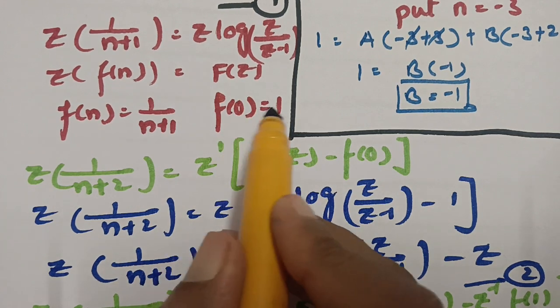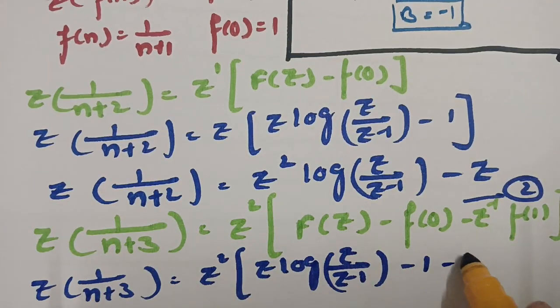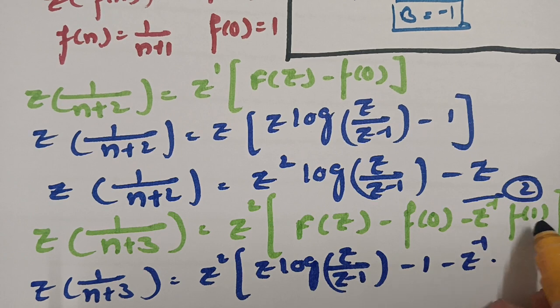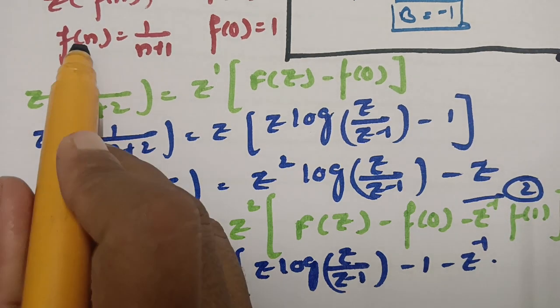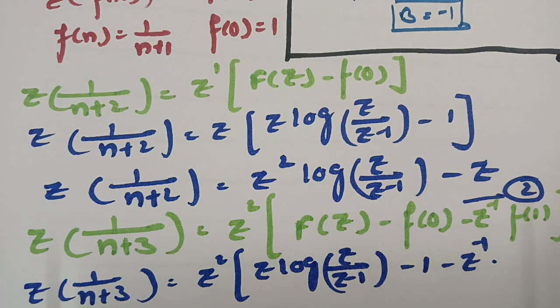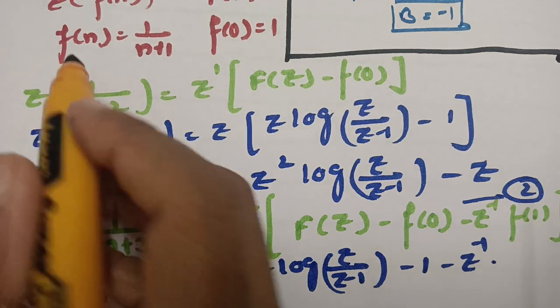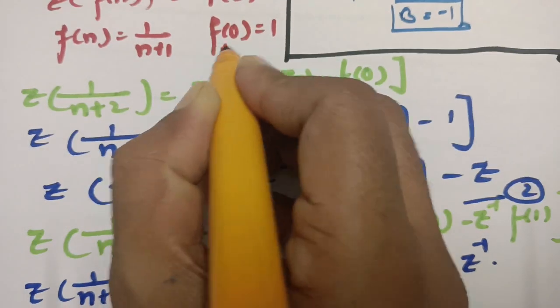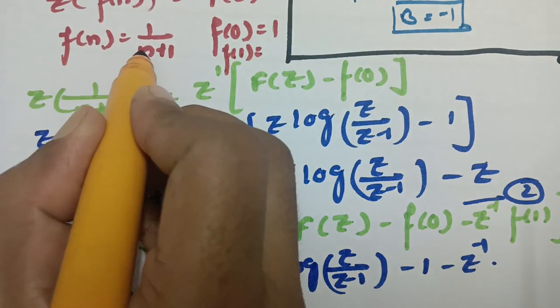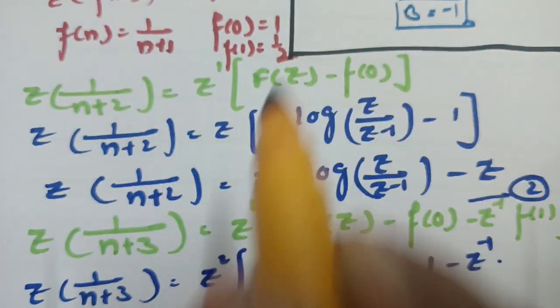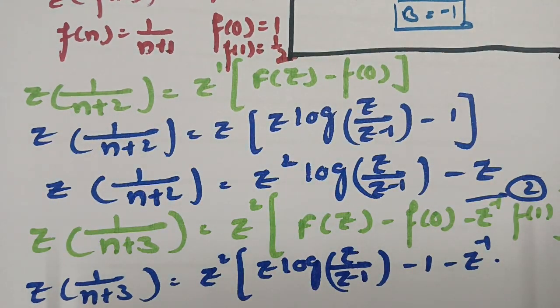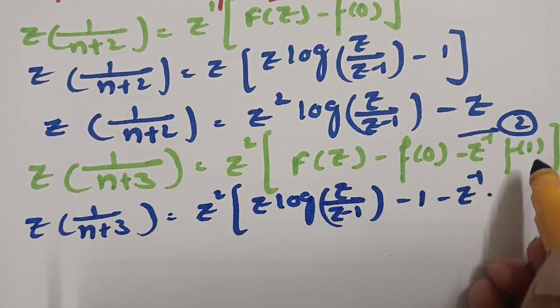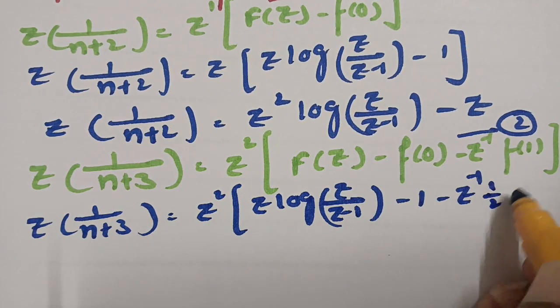What is f of 0? The value here is 1, minus z inverse. What is f of 1? If I keep 1 here, 1 plus 1 is 2, so f of 1 is nothing but half.